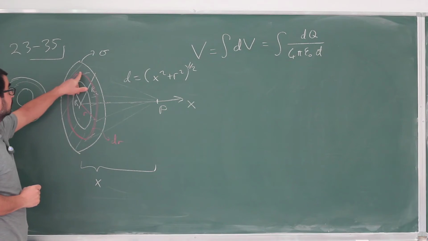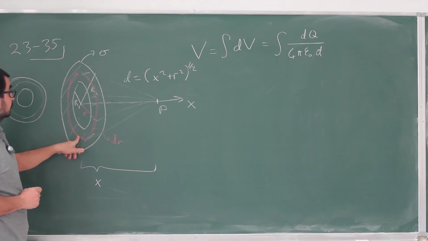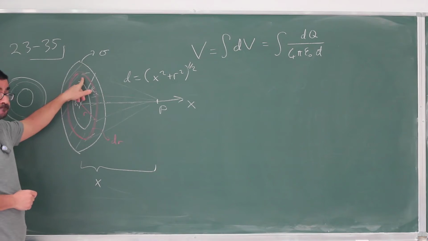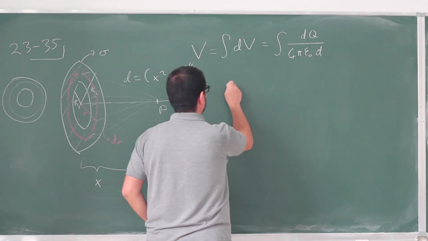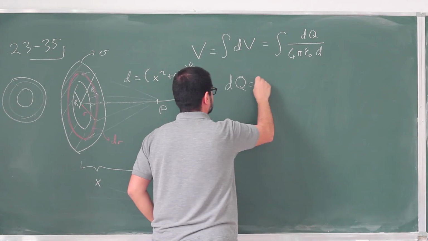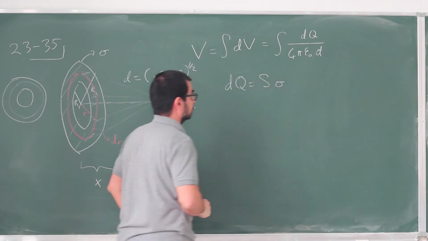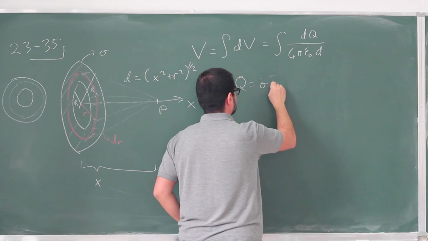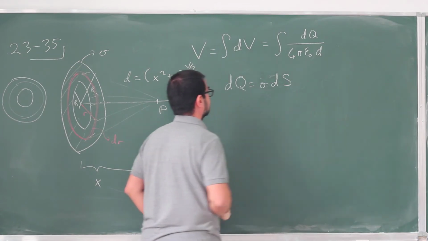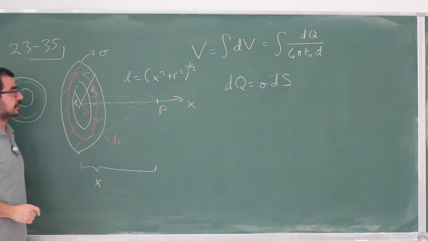Well, dq is the charge on this ring, and that charge is going to be the area of the ring times the surface charge density. So dq is going to be sigma times ds, because it's an infinitesimal area.